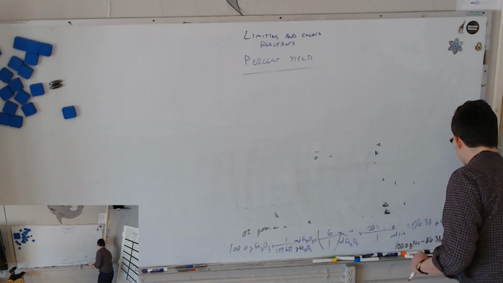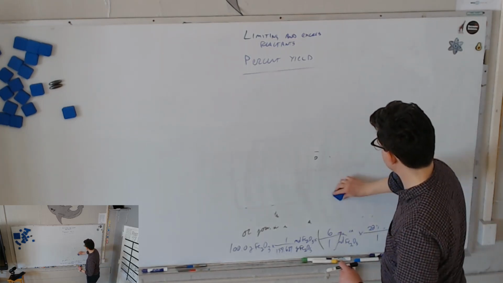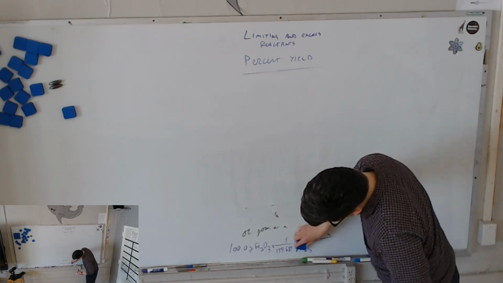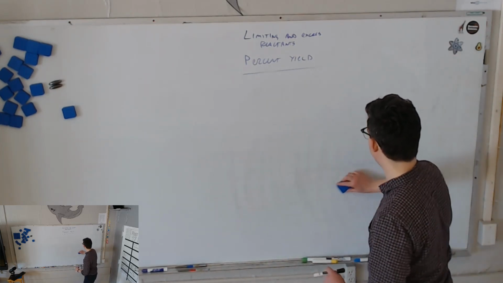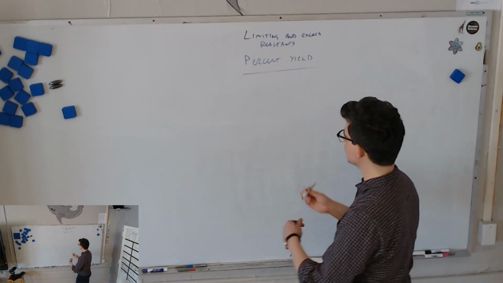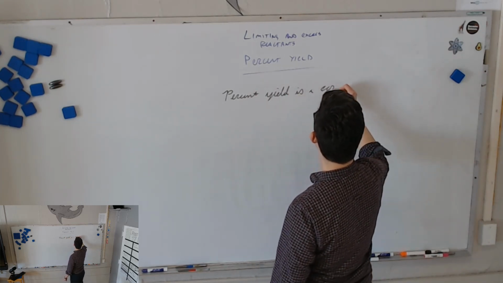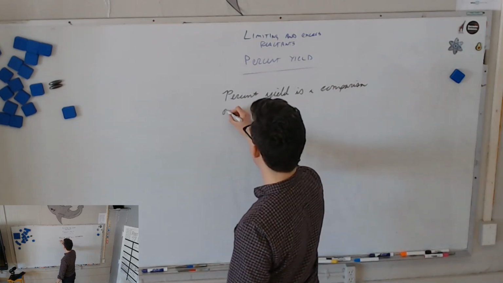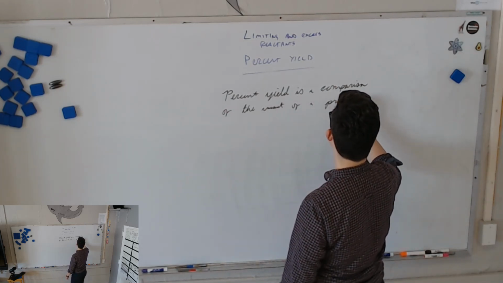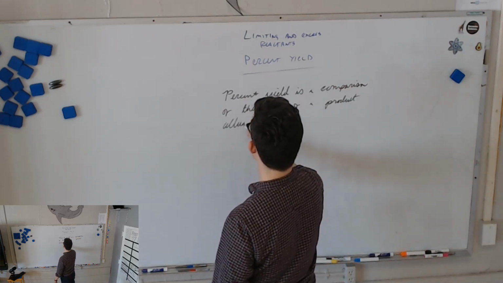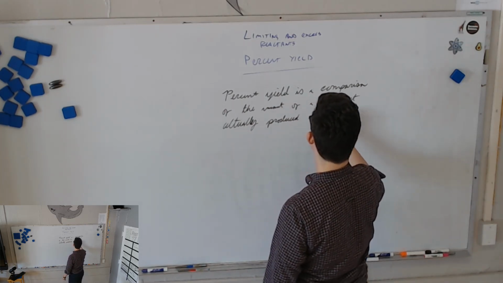Percent yield is a comparison of the amount of a product actually produced and the theoretical amount produced.